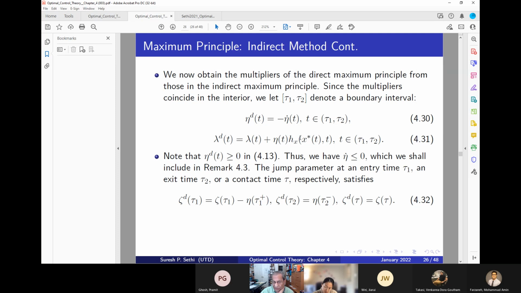These are available in the literature, and one of the best references I can give you is my survey paper, which is quite well known. It's the Hartl, Sethi, Vickson survey in SIAM Review, where we actually derive these conditions.